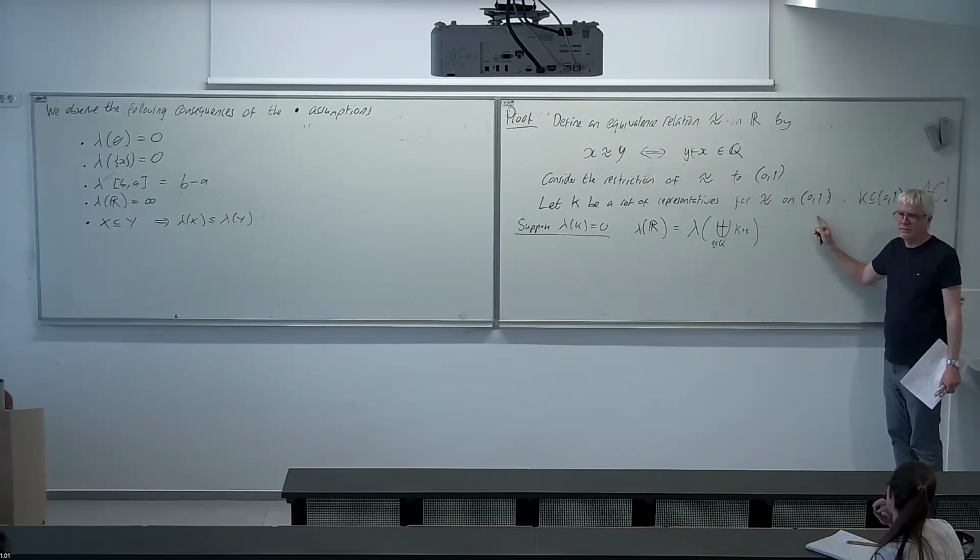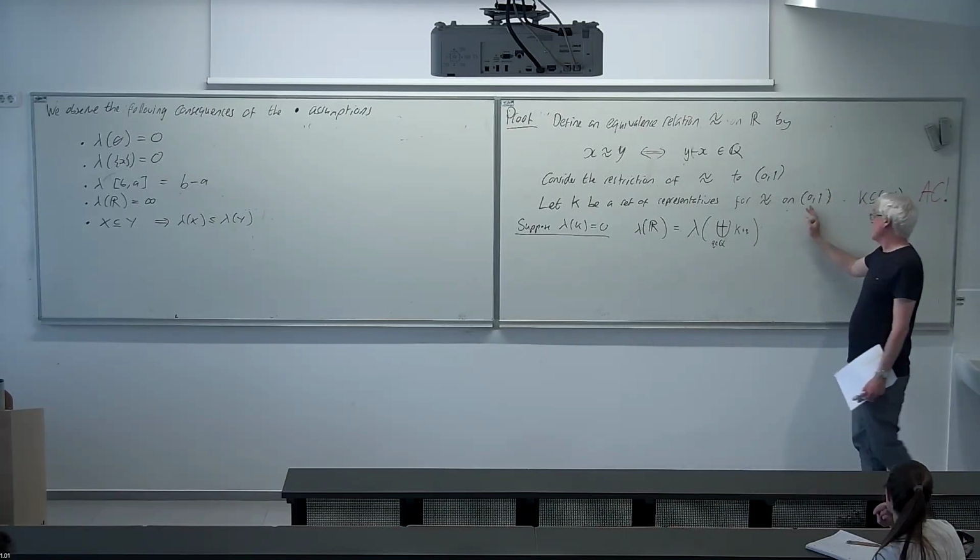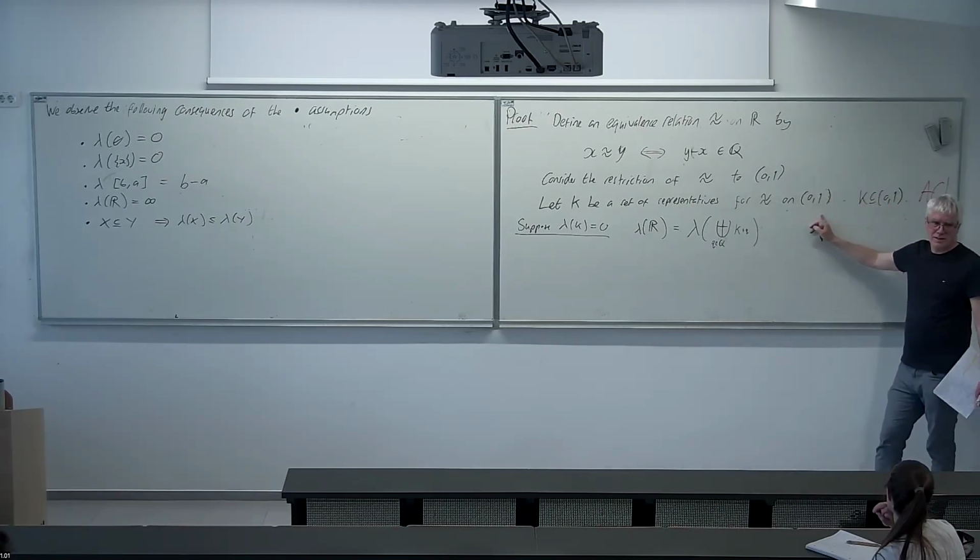Take pi: then I can take pi minus 3, and I get a number in the interval [0, 1] that differs from pi by a rational number. And every real number differs from actually infinitely many numbers in the interval by a rational number.